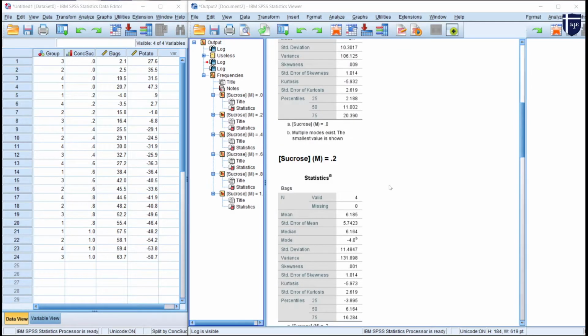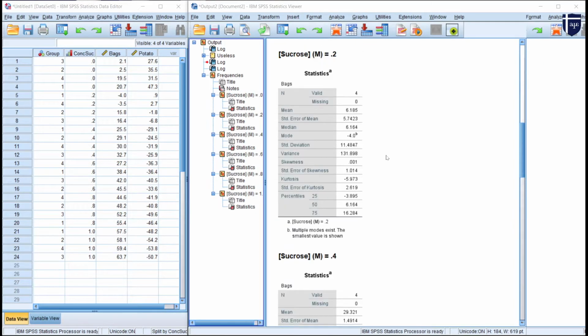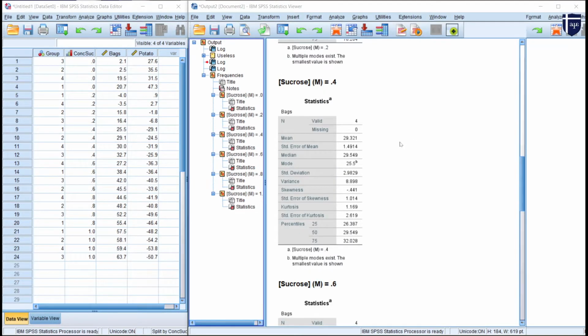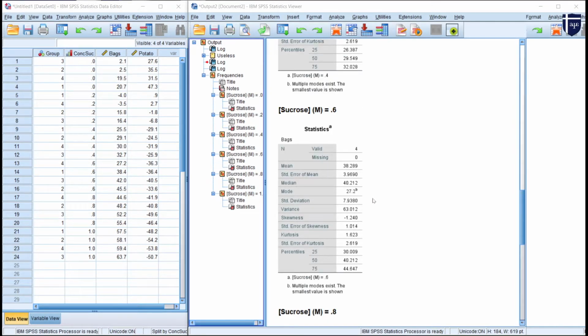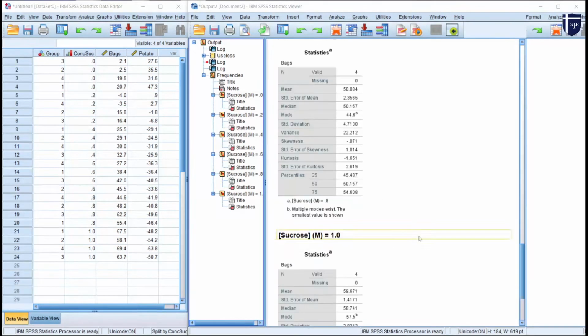Now, just for the sake of argument, let's look and see what else. Skewness is good. Kurtosis was bad. All right, what about 0.2? Skewness good, kurtosis bad. So that violated it again. What about 0.4? Skewness is good, kurtosis is good for 0.4. 0.6, skewness is good, kurtosis is good. 0.8, skewness is good, kurtosis is good.